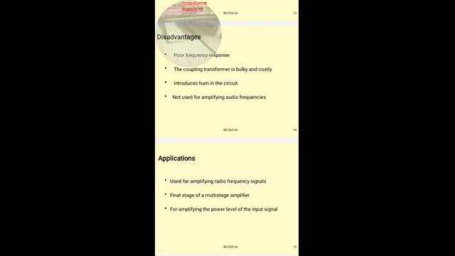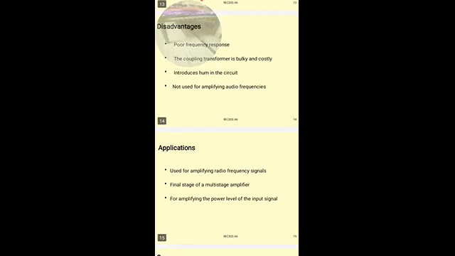Applications of the transformer coupled amplifier. The transformer coupled amplifier is used as an amplifying circuit for audio frequency signals, where the bandwidth is restricted to a few kilohertz, and most importantly, it is used as a final stage amplifier in multi-stage amplifiers.